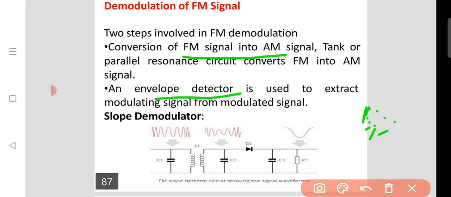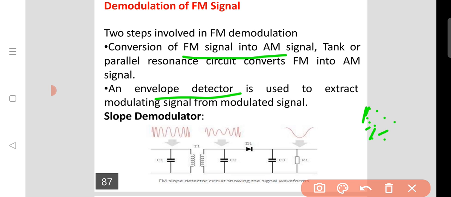The FM discriminators also suffer from the threshold effect. What is the threshold effect? That is an important question we will discuss later. The threshold effect causes the presence of noise, so the presence of noise is more.